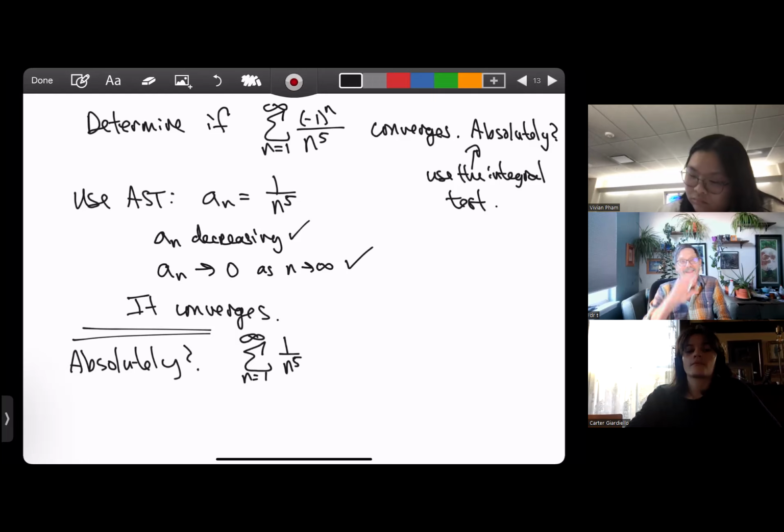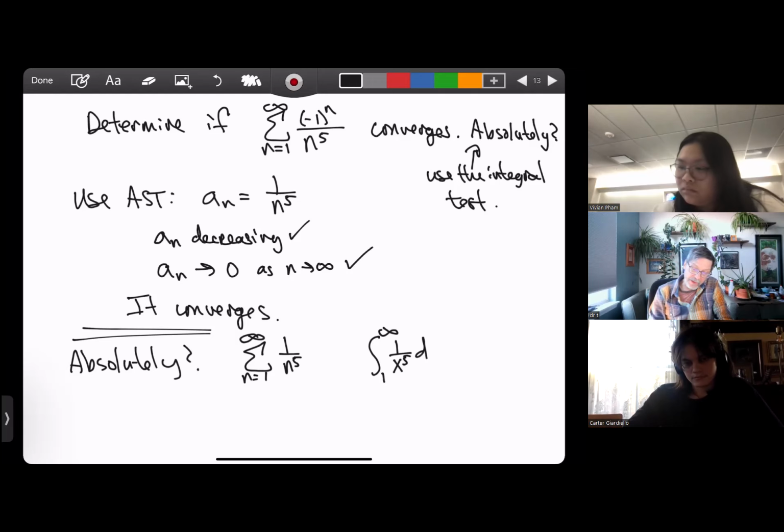So I made it a bigger question than her question, but now we're about to use the integral test here. Basically, all you do is replace the sum sign with an integral and the n with an x, or you can leave it as n if you want, but I think our brains work better with x's in those integrals. Does that setup make sense?